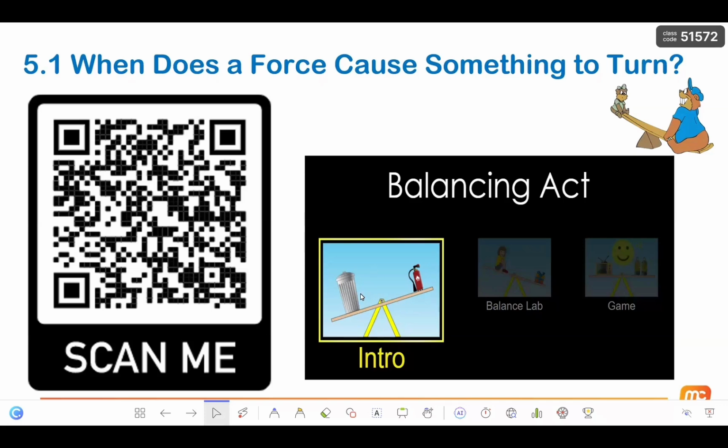Okay, and then after that, if you have found out the relationship that causes these two objects to be balanced, you can move ahead to play with this balance lab. There will be more examples in this balance lab. There are many mystery items that you can try to find the mass of. And then if you are ready for that, you can play the game as well.